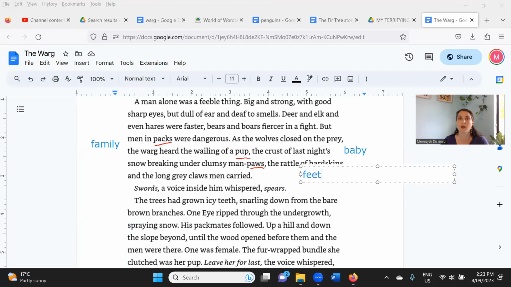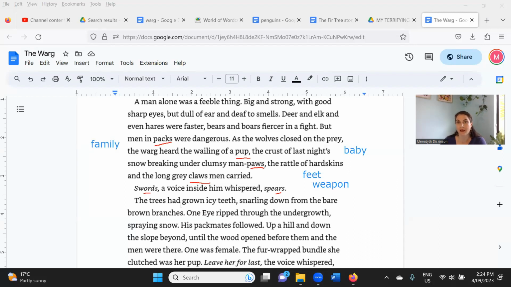If you think about it, a wolf's weapons are his teeth and his claws. So he's going to understand a long grey weapon in a human's paw to be a claw. So we can know that means sword, spear, or weapon of some description. We can highlight these things and write them down.